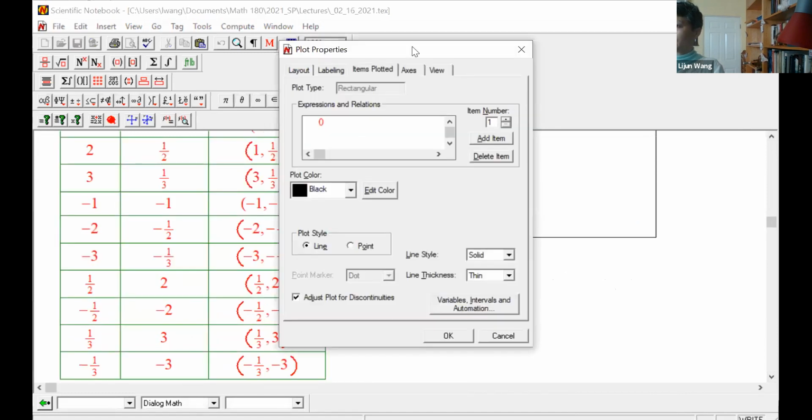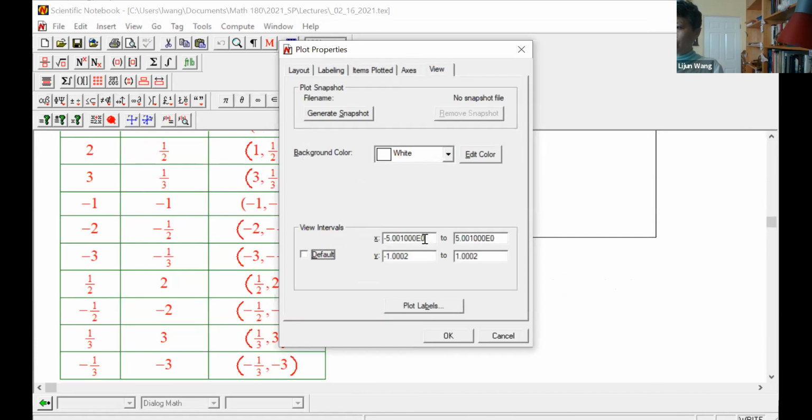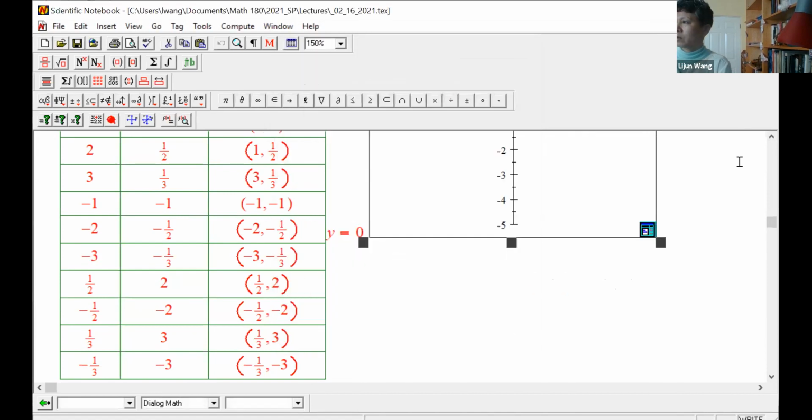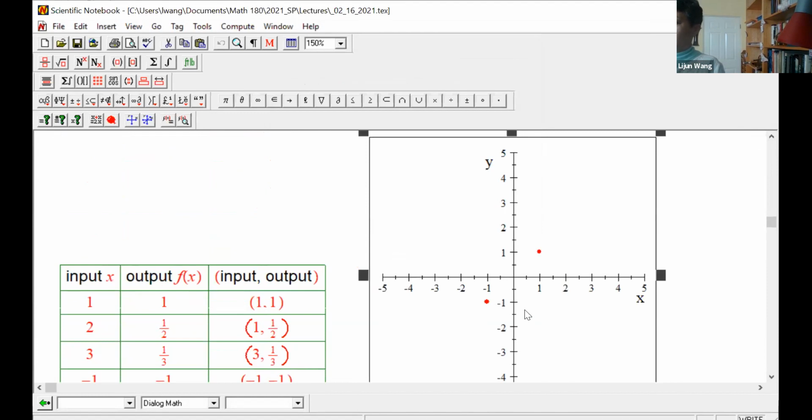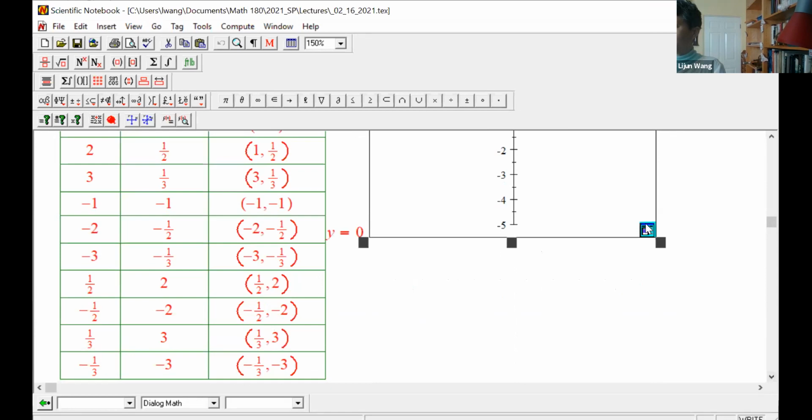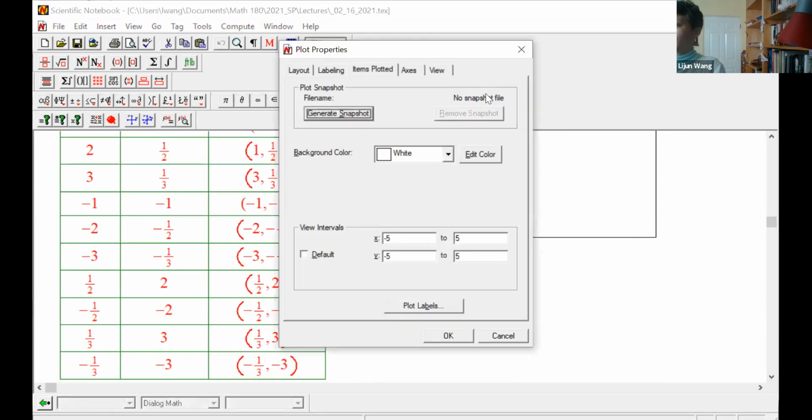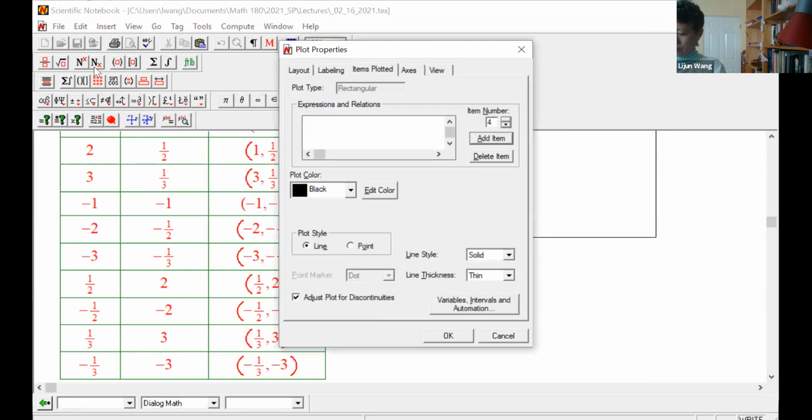I'm going to make some adjustment. Do you guys know what to do? I'm going to show you what to do. Plotting the points. So this is 1, 1, -1, -1. Those points. And I want you guys to plot all of these points in the graph. One half.